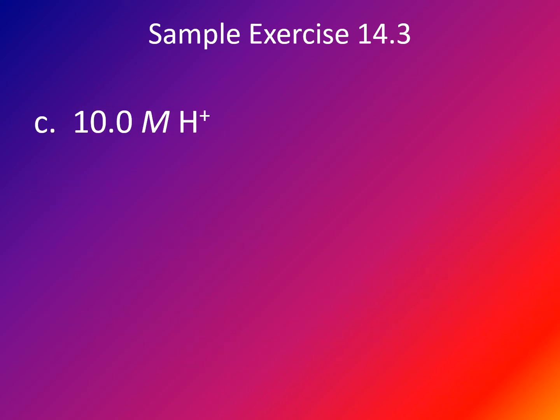If you have a very concentrated acid, you're still going to have Kw equal to your hydrogen concentration times your hydroxide. Thinking about that, the hydroxide is going to be a very small number.